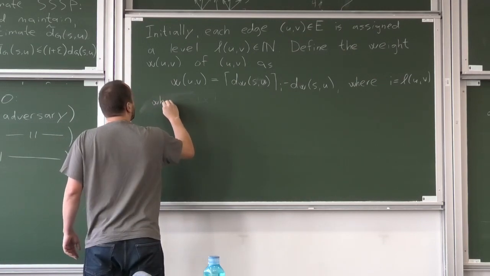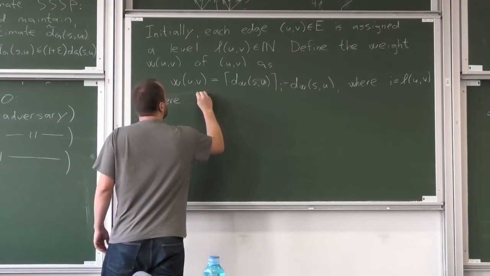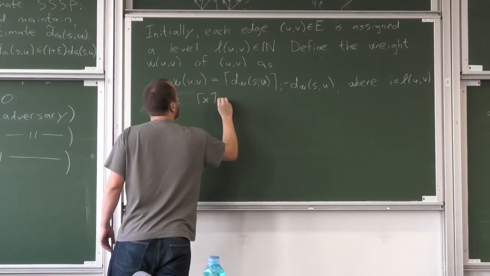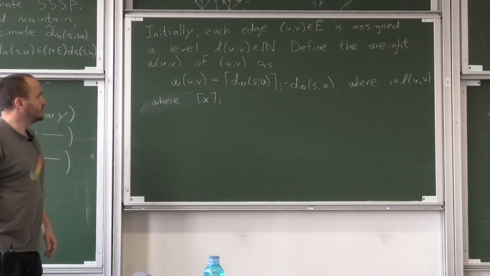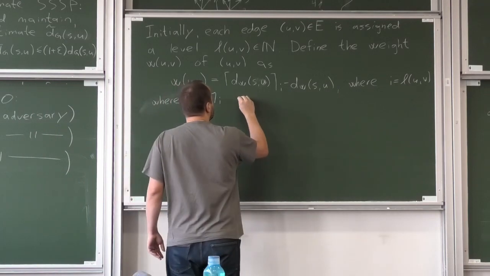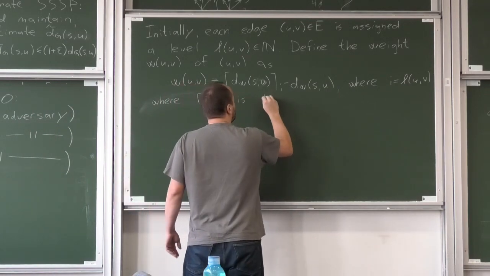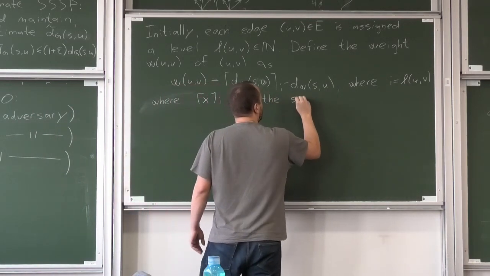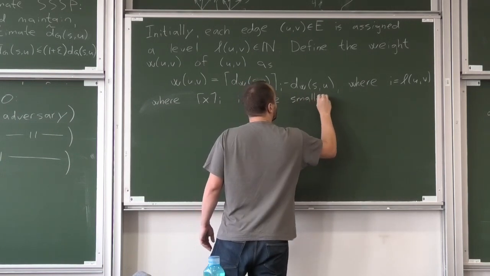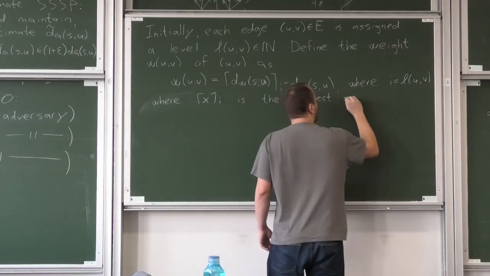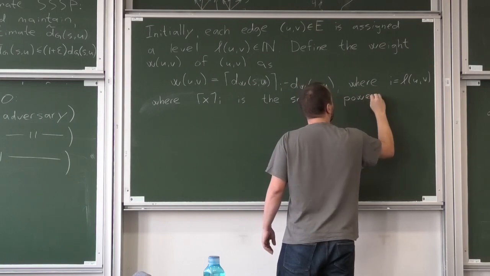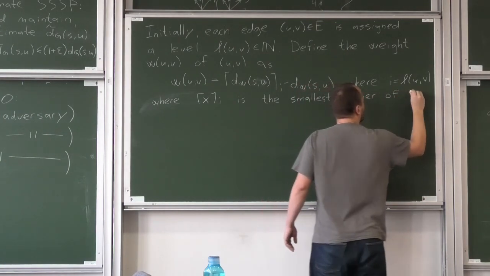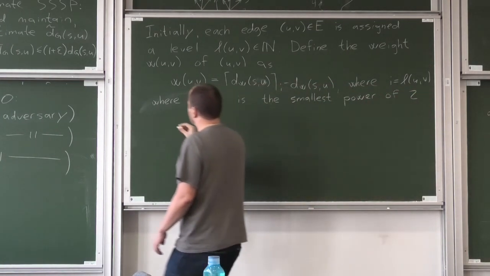Yeah, no, let me write it this way. So where x ceiling with I is the smallest power of 2 strictly greater than x.